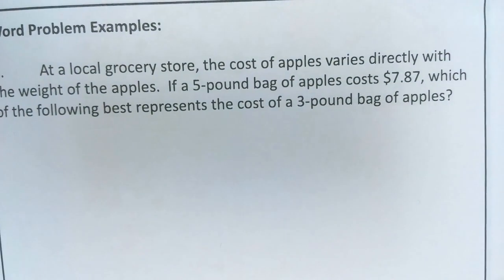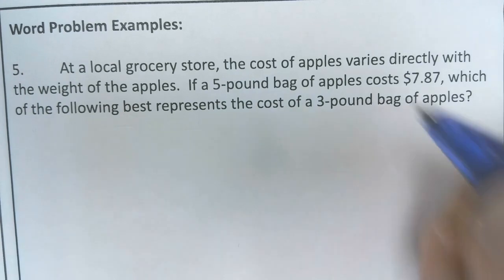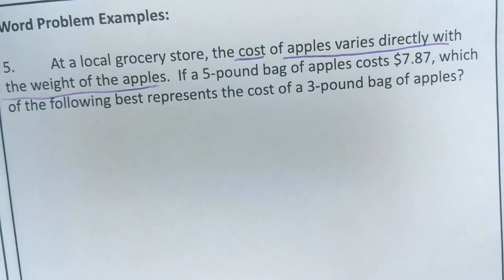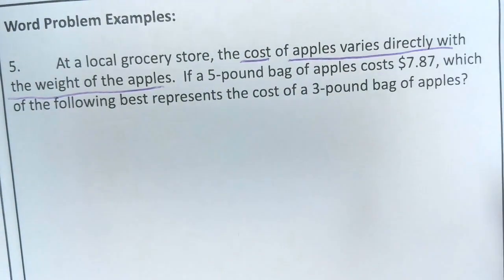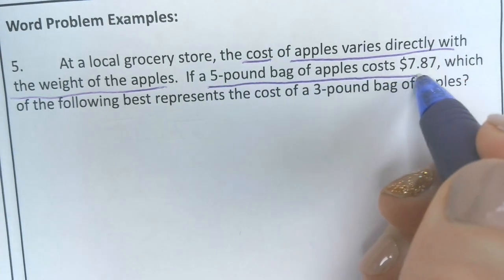Let's look at number 5. At a local grocery store, the cost of apples varies directly with the weight. So, cost of apples varies directly with weight. A 5-pound bag, we're going to underline or highlight, whatever you want to do. 5-pound bag is $7.87.